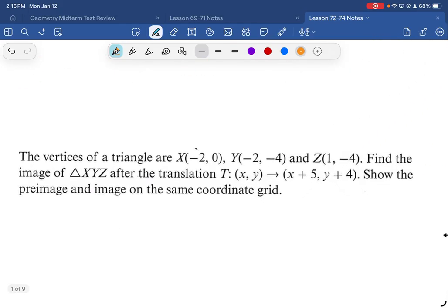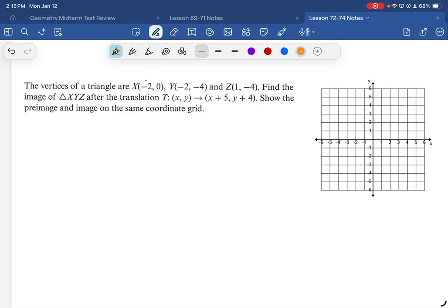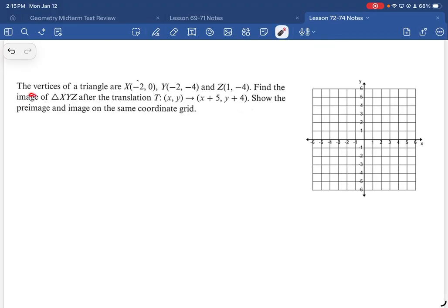Okay, moving down to the problem below, it says the vertices of a triangle are X at (-2,0), Y at (-2,-4), and Z at (1,-4). So please start by drawing this triangle on the coordinate graph and labeling each point. And do it very carefully.